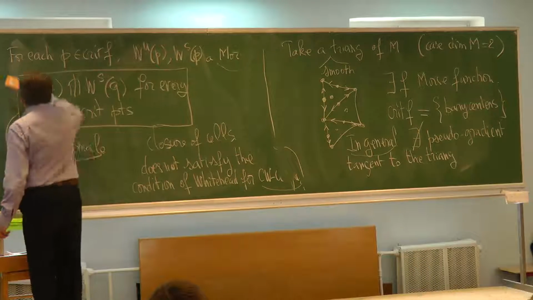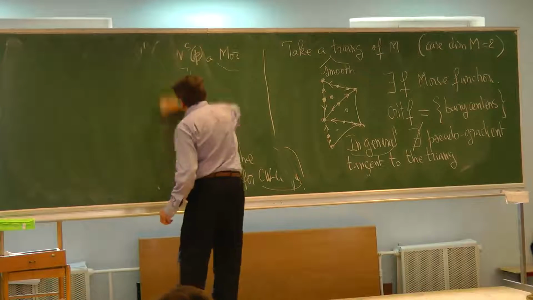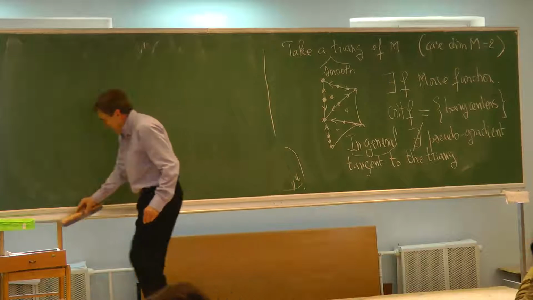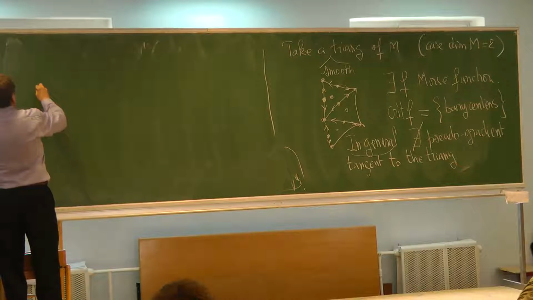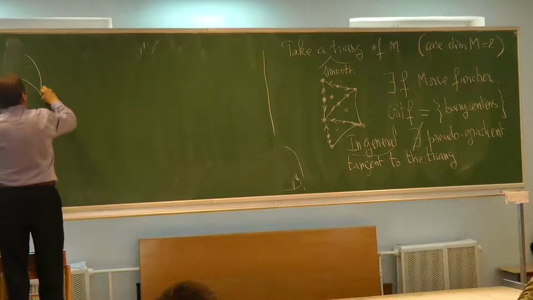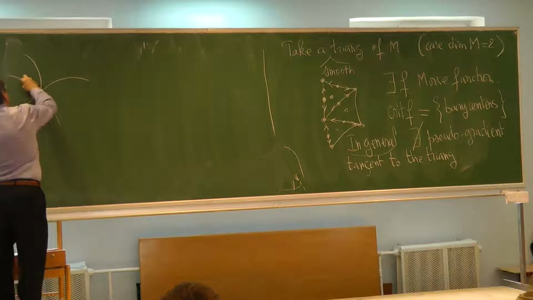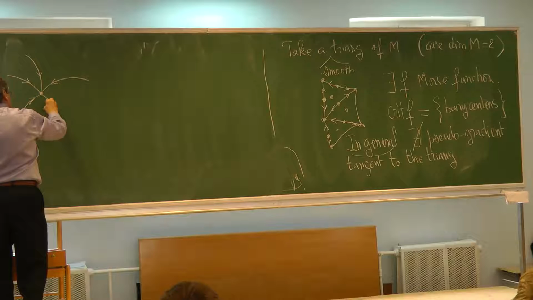The fact is the following. Look at a vertex and imagine you have many paths which are coming. And suppose your vector field is like that.